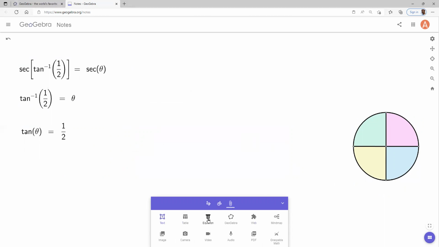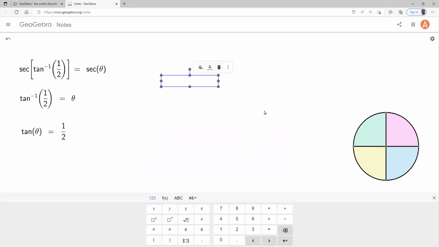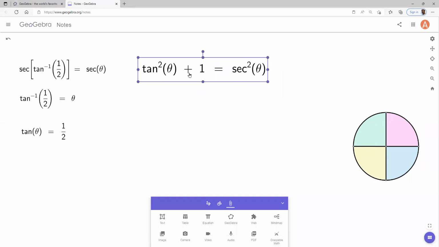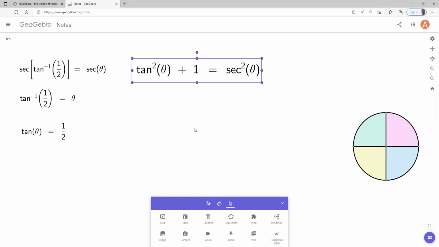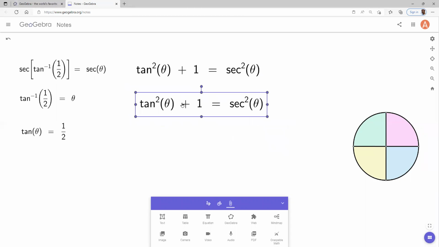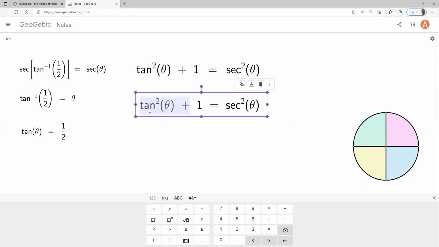So we're going to start with our trig identity: tan square theta plus 1 equals secant square theta. Okay, everything looks good so far. Instead of tan squared theta, I can write half squared, because tan theta is half.